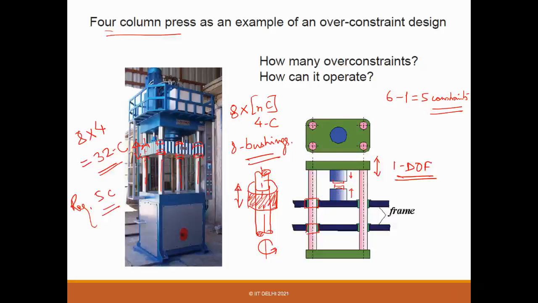So in this design, in order for it to function well, it should move freely along this direction, right? And in order to make that happen, there are many things, but a few you can easily visualize: all these 4 columns should be perfectly parallel. Parallelism of these guides.